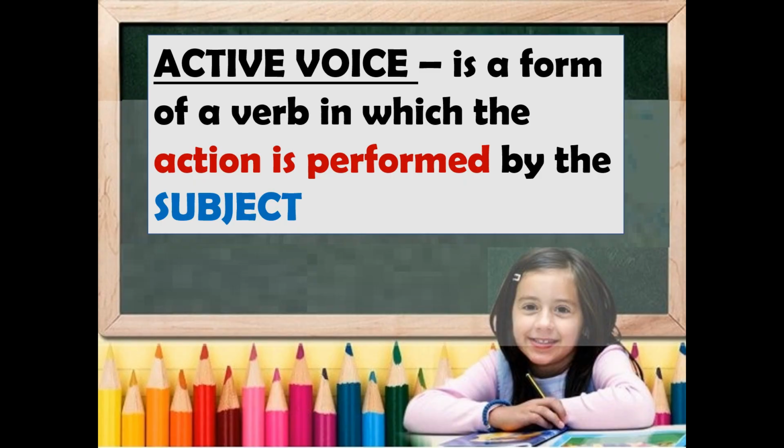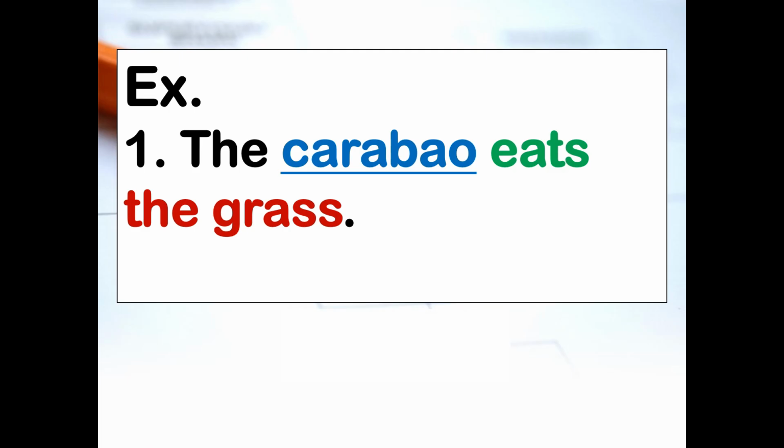Let's start with the active voice. Active voice is a form of a verb in which the action is performed by the subject. So if it's being done by the focus of our sentence, the subject, then that is active voice. Let's have some examples. The sentence is, the carabao eats the grass.